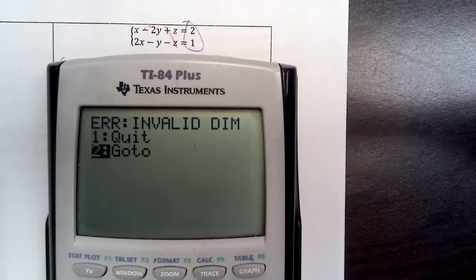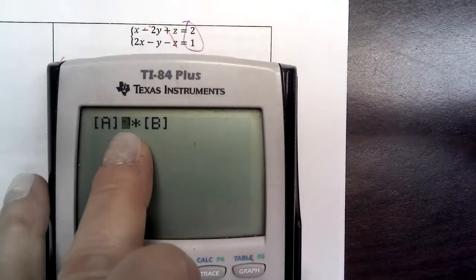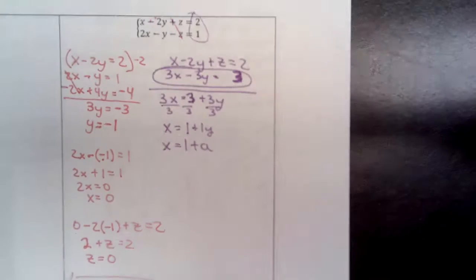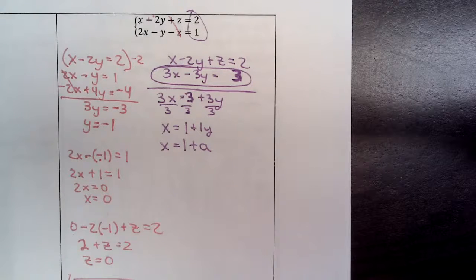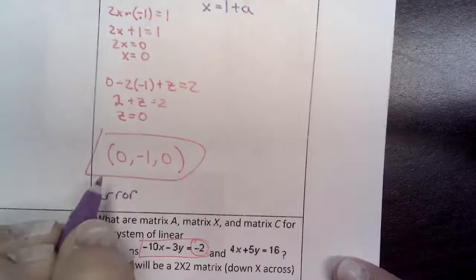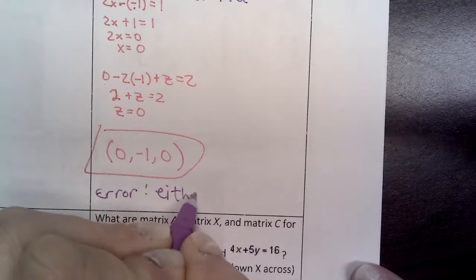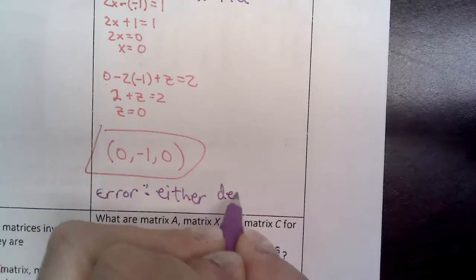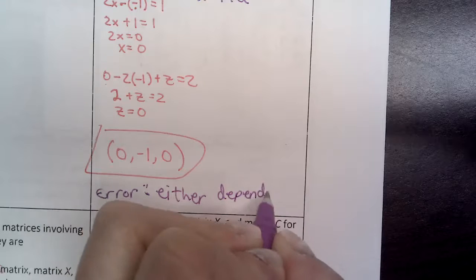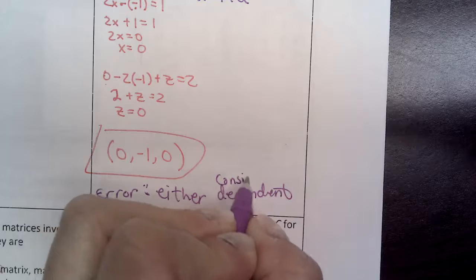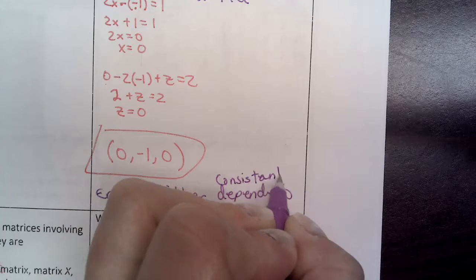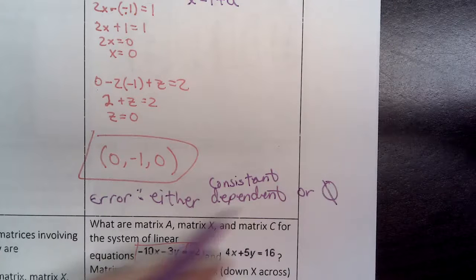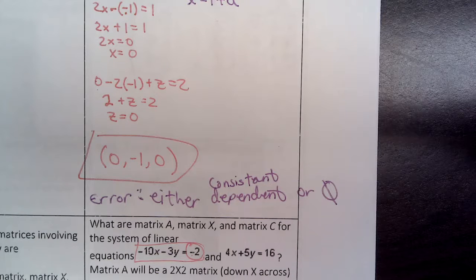If I ever get an error when I'm solving via matrix, it means that it is either a consistent dependent solution, or it is no solution, so an inconsistent system. You don't know which one though, so you still have to be able to solve these by hand.